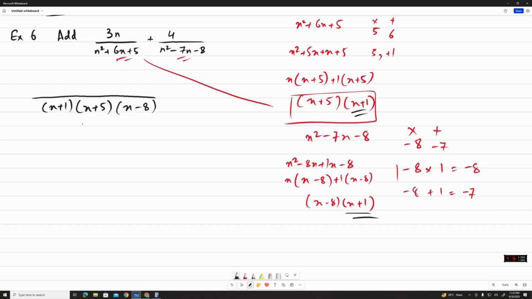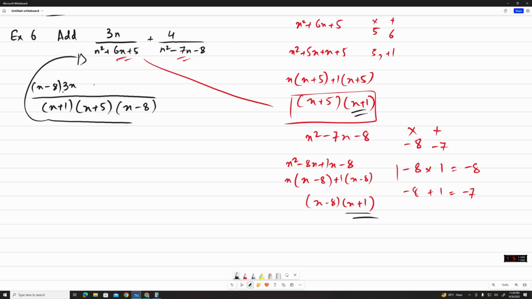When we divide here, these two terms will cancel out, x plus 1, x plus 1, and we will be left with x minus 8. So it's going to be 3x into x minus 8.